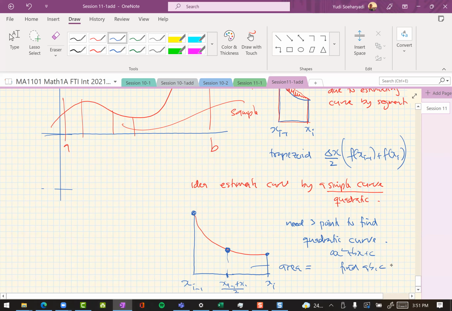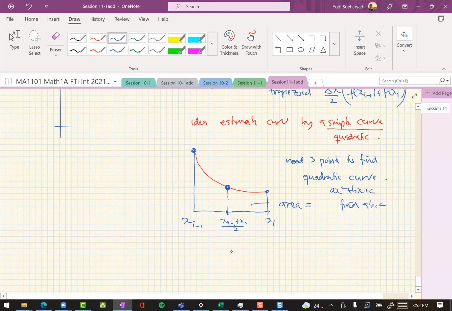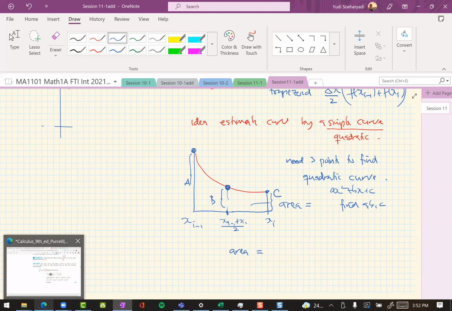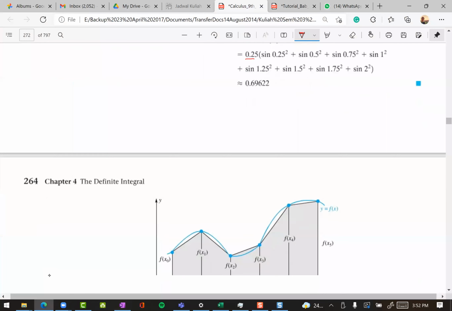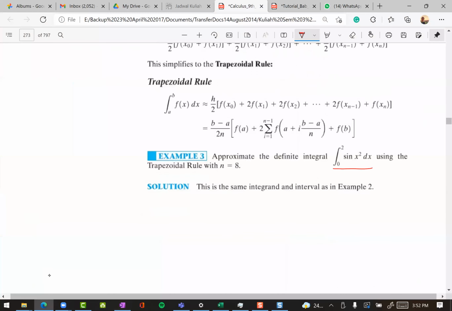Find a, b, c. So the area, if the length of this is A, the length of this is B, the length of this is C, the area would be expressible in A, B, and C, and the formula is, I think, the one in the problem.